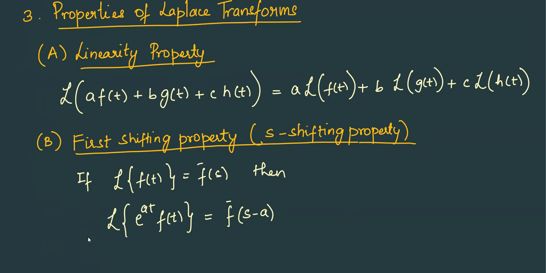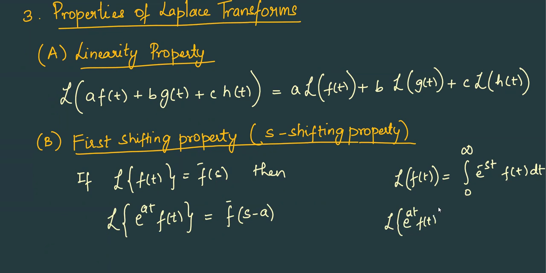This is a very simple proof. We know Laplace transform of f of t is integral 0 to infinity e power minus st into f of t. Now you get a function for this. Now if I introduce e power at f of t, I get integral 0 to infinity e power minus st into e power at f of t.